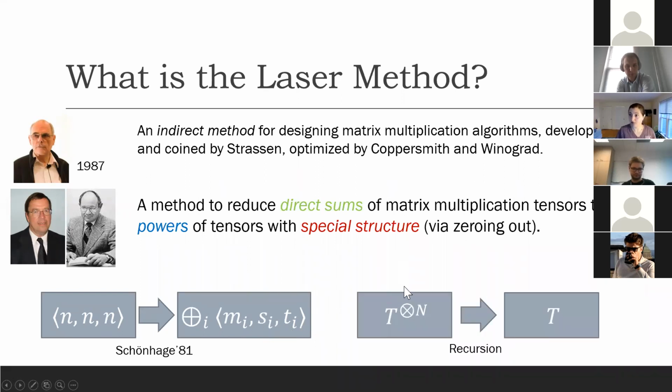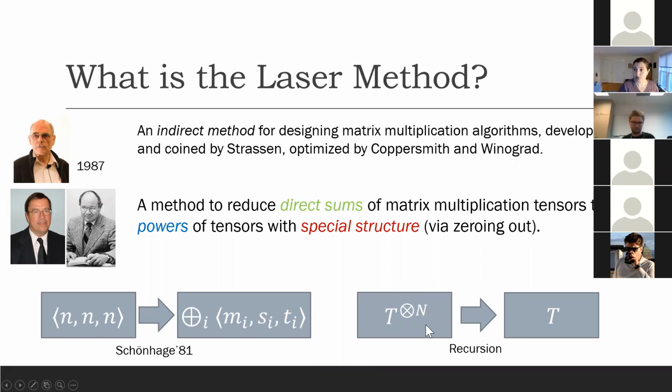Then there's also a different path, which says that I can take the tensor power of a tensor, which is a very huge tensor, and I can reduce its rank computation, or its rank bounding, to just upper bounding the rank of a tensor T. So if I can upper bound the rank of the tensor T, then I can upper bound its nth power.